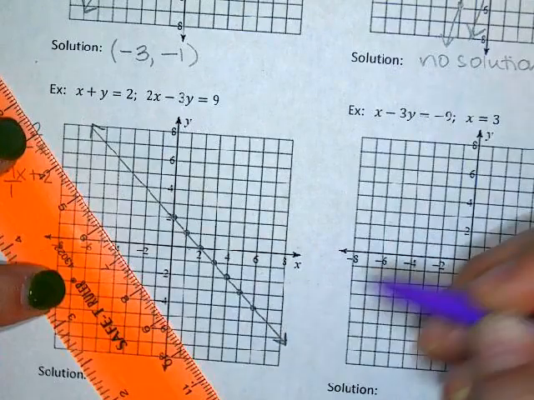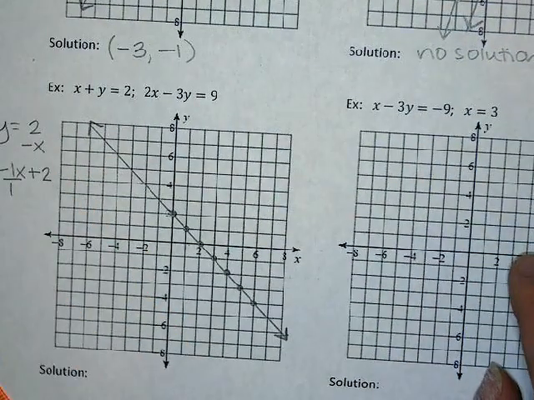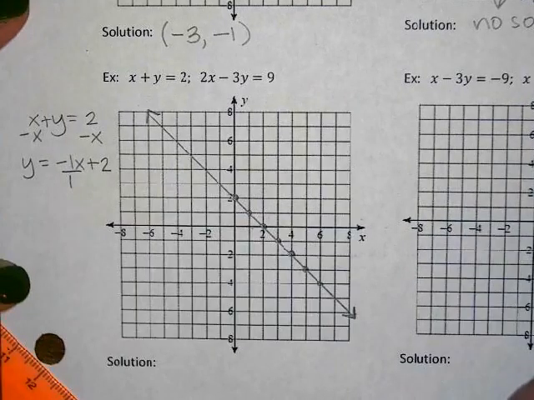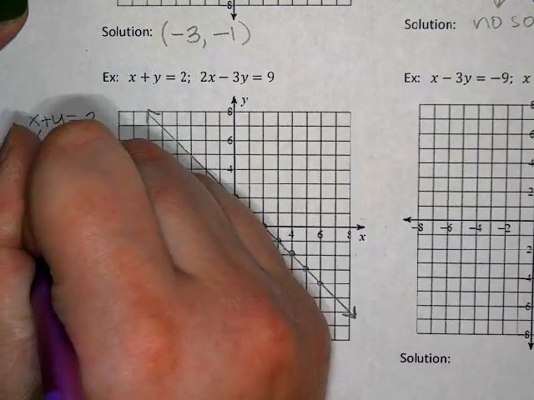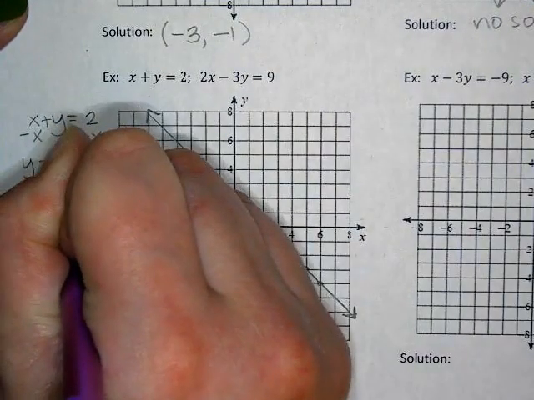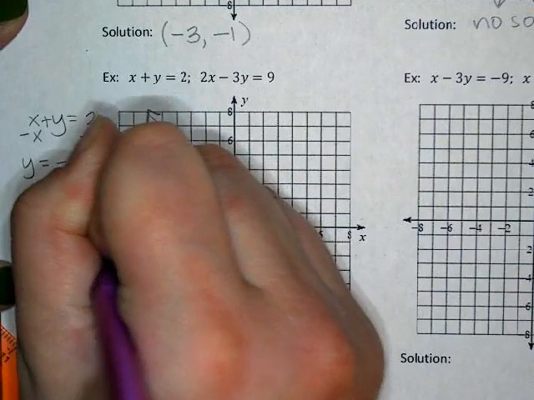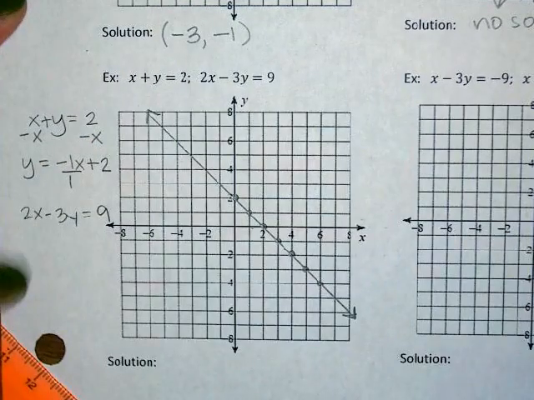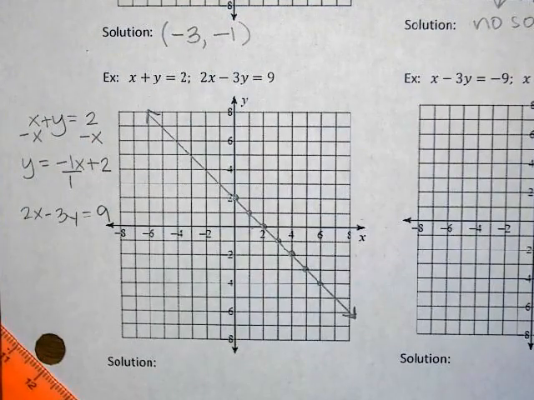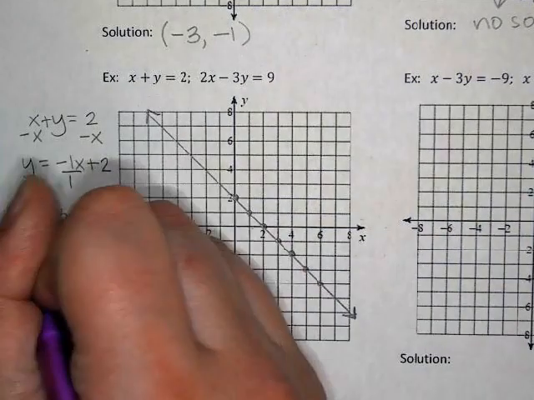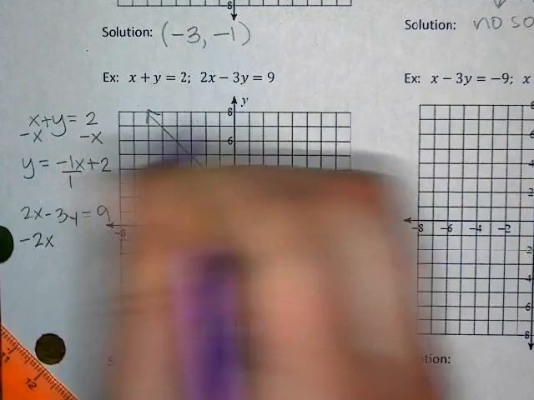Okay. For the other one, we have 2x minus 3y equals 9. And what do we need to do? Minus the 2x. Okay.